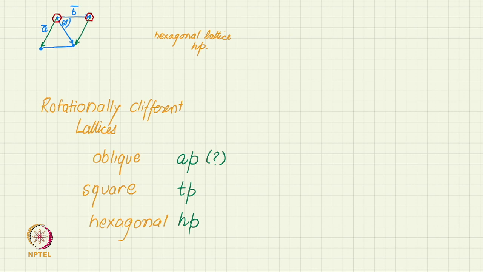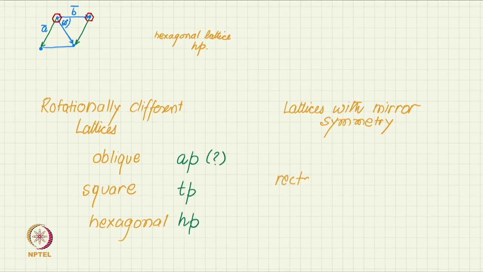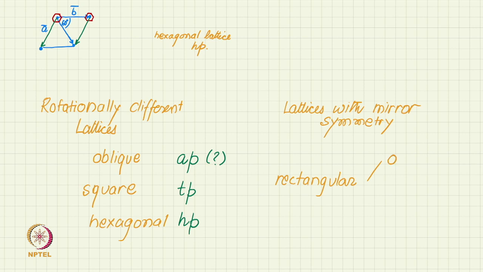Then we saw last time that in these cases we are not thinking of mirrors. Mirror gives us two rectangular lattices. We saw that there was a primitive rectangle, and rectangular lattices were given the symbol orthorhombic. So, orthorhombic primitive and orthorhombic centered, OP and OC.